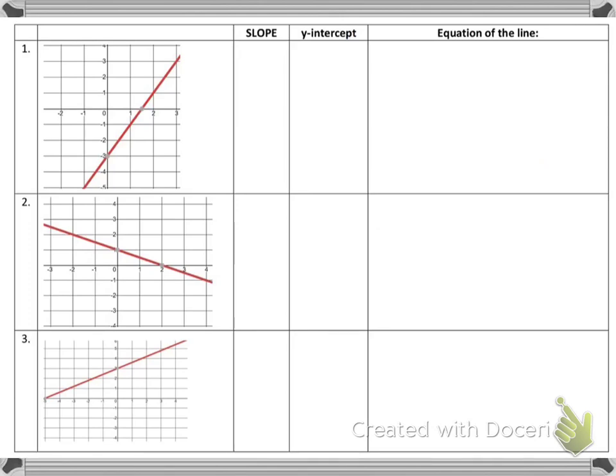So as we pick points in order to find the slope, we need to make sure that they land on the places where there are whole numbered points. So for example here, I might pick the point (0, -3), so that I make sure I have a whole number.